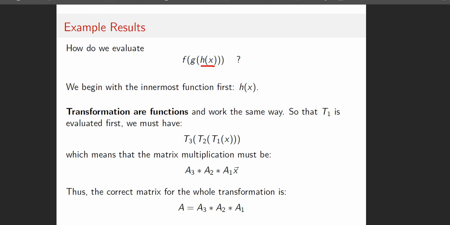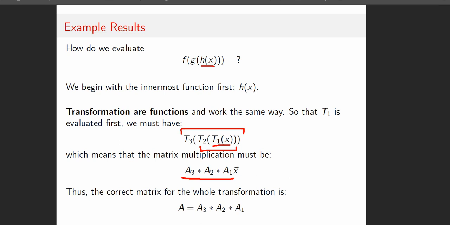So what they've asked me to do is the first transformation and then the second transformation and then the third. The order in which I'm going to do the matrix multiplication may seem odd. You may think, take the first matrix A1, multiply it by A2, multiply that by A3.